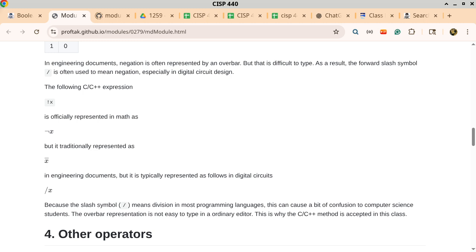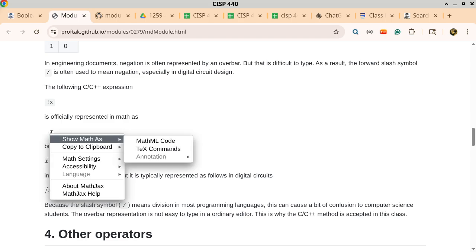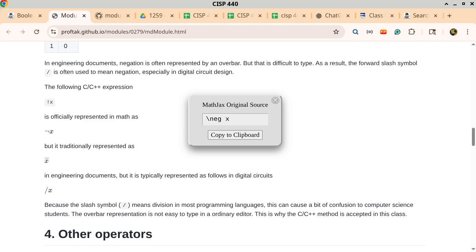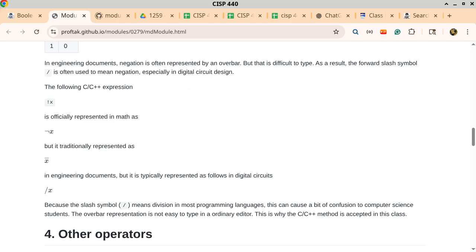In this class I would typically use this notation if I need to do it really quickly, because this is actually not so easy to enter. Now, for those of you who want to learn how to enter this mathematical notation of negation, you can right click on it, go to Show Math As, and then go to TeX Commands. This will tell you that \neg, N-E-G, and then the X is what you need to specify in order to get this format.